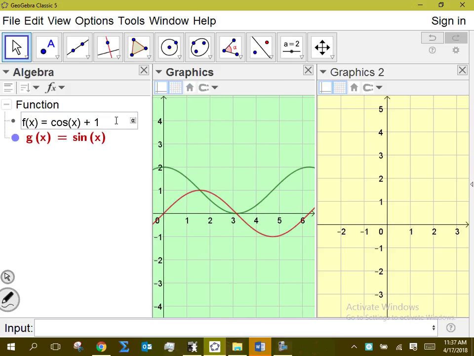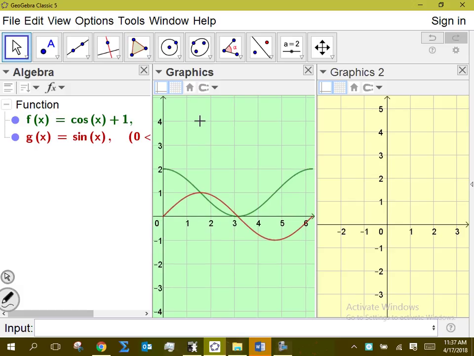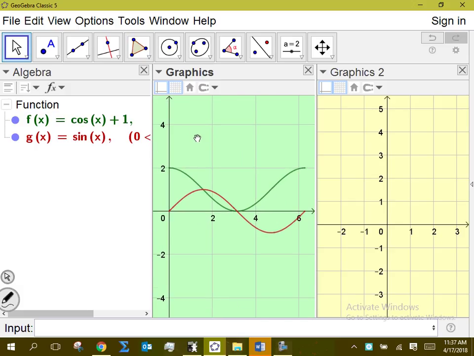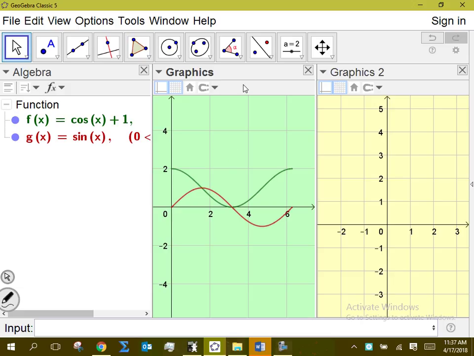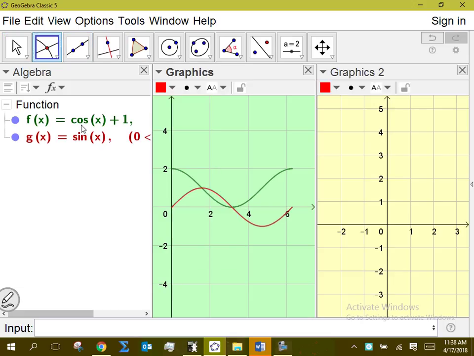You won't normally have to do this, but let's just focus on that interval, so nothing else graphically shows up. If I ask for the intersection points, one of them is 3.14, so there's the pi, and the other one is 1.57, which is your pi over 2. So those were the two solutions we came up with.